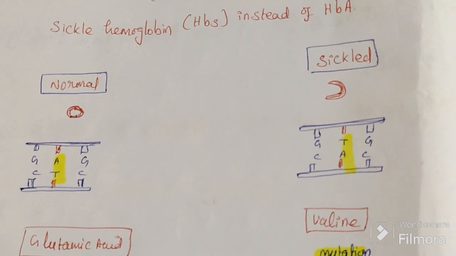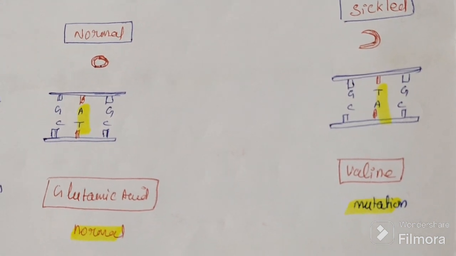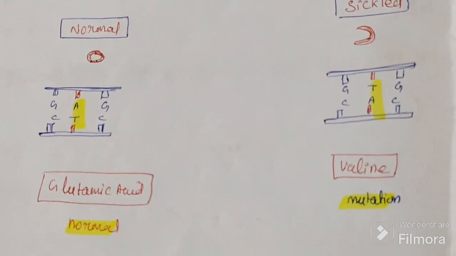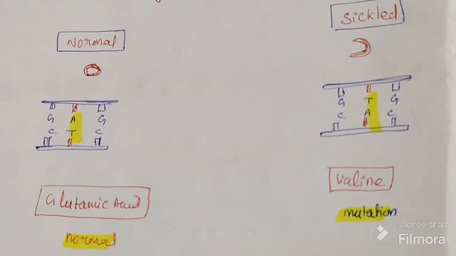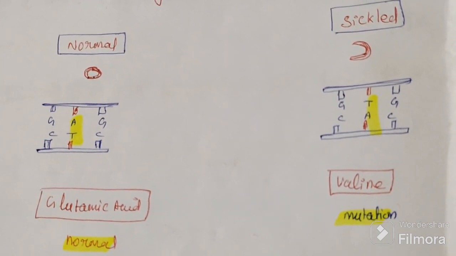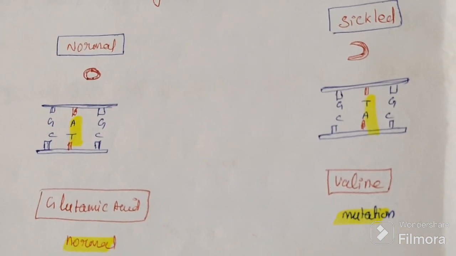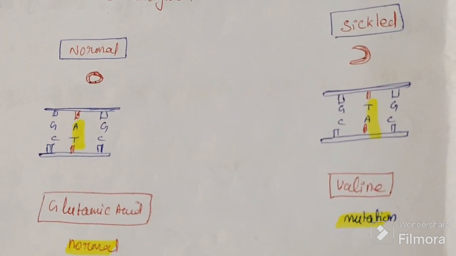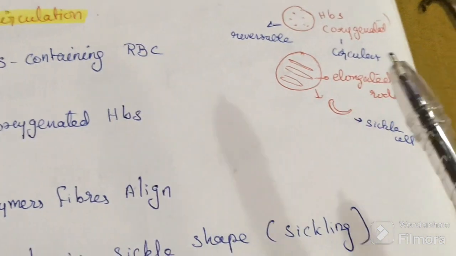When it was hemoglobin A, it was dispersed throughout the RBC, so the shape of the RBC was biconcave, normal circular biconcave. But now the hemoglobin S is not dispersed, it forms elongated rods.